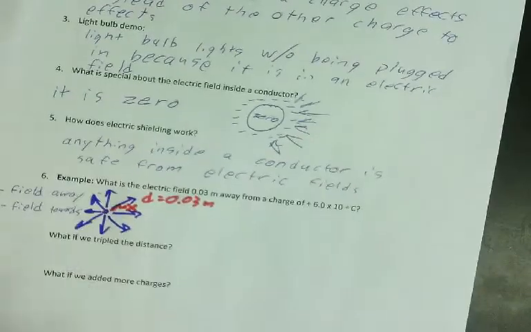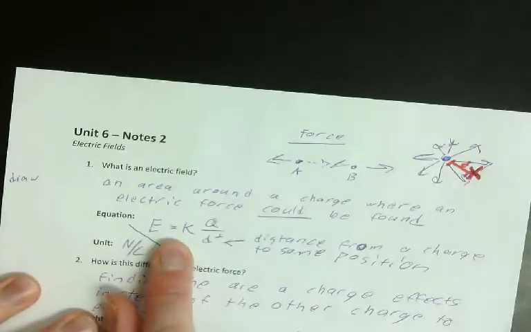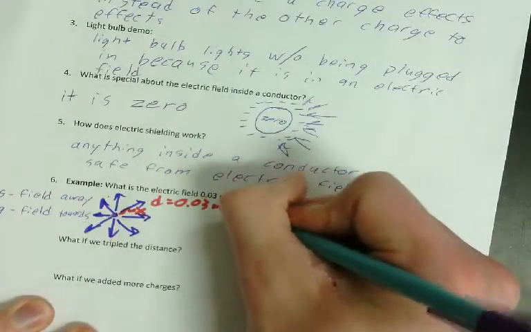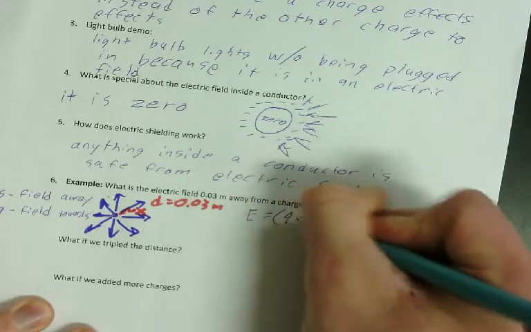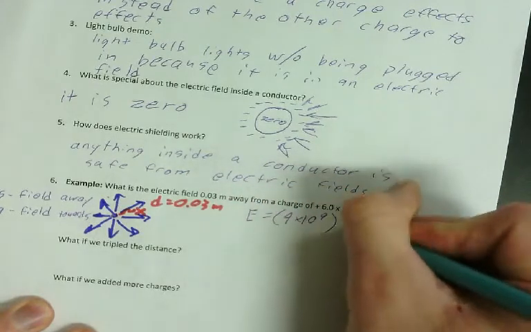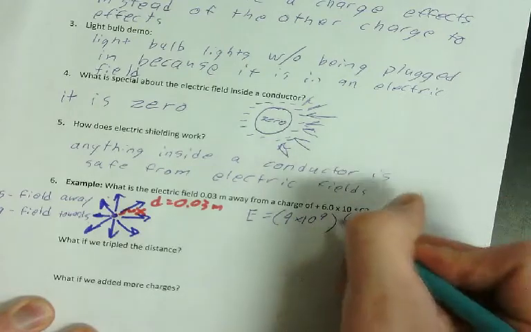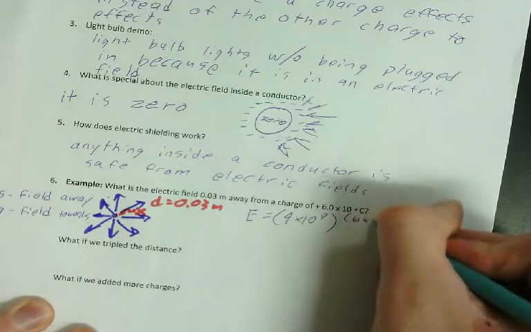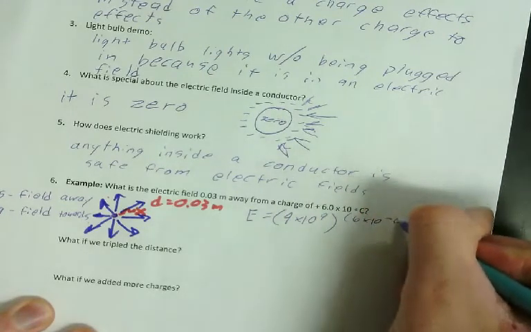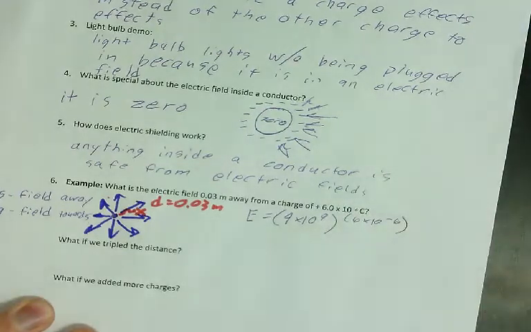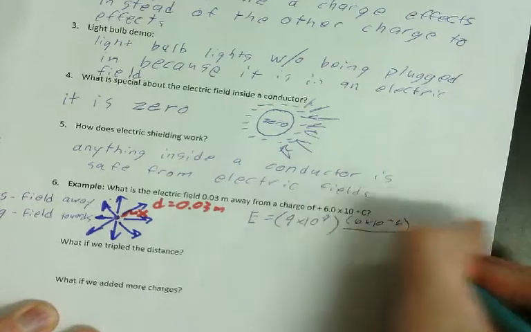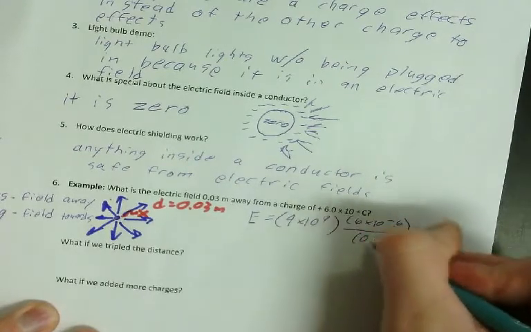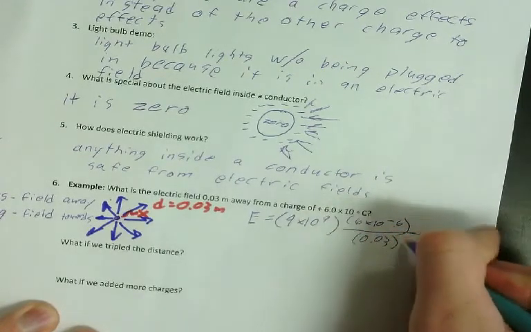Okay, so the equation is E equals KQ over D squared. So E equals K, which is still 9 times 10 to the 9th, times Q, which is 6 times 10 to the negative 6. Do not plug in negative signs if they're there, just in the powers. Divided by the distance squared, 0.03 squared.